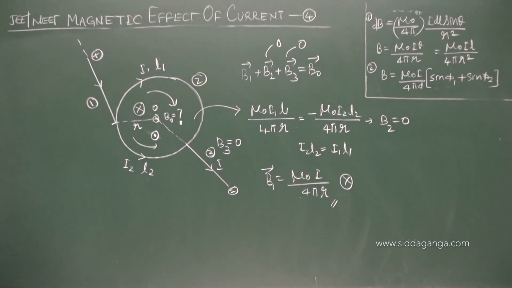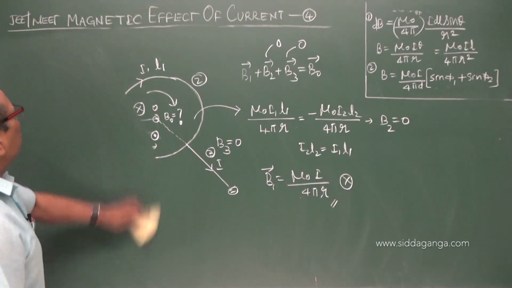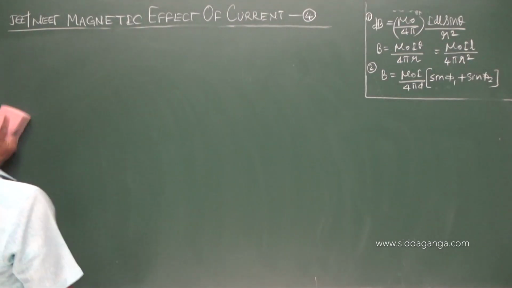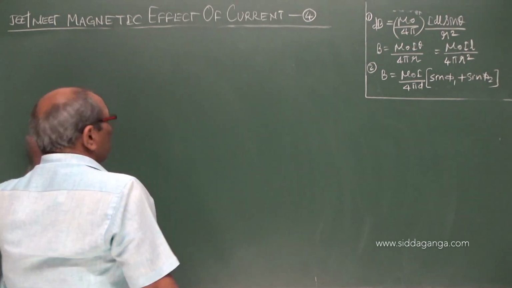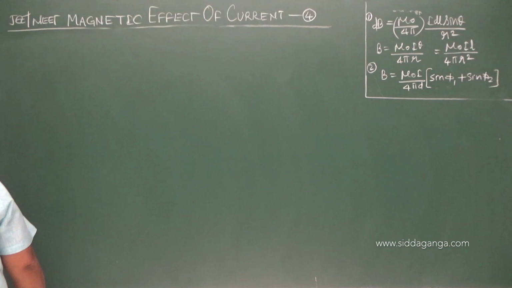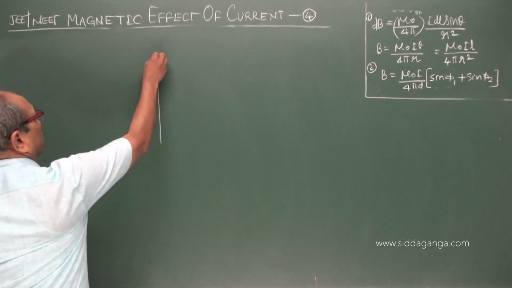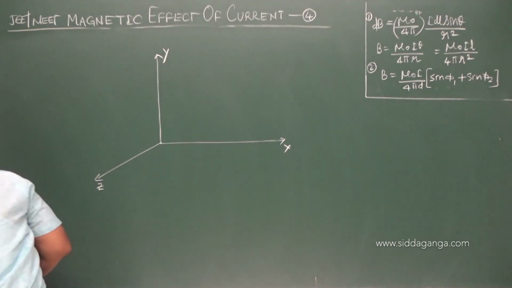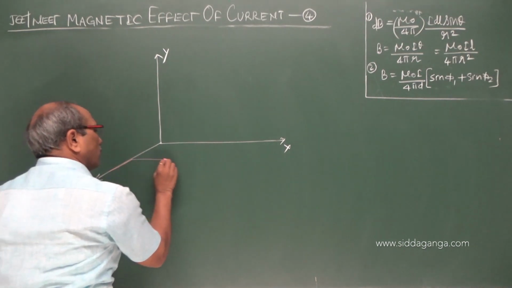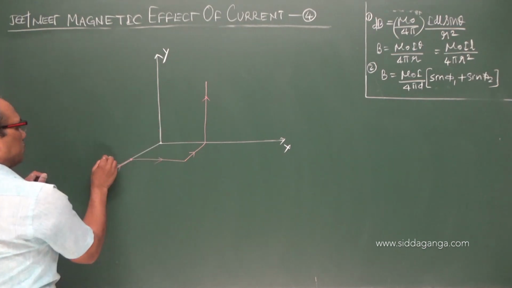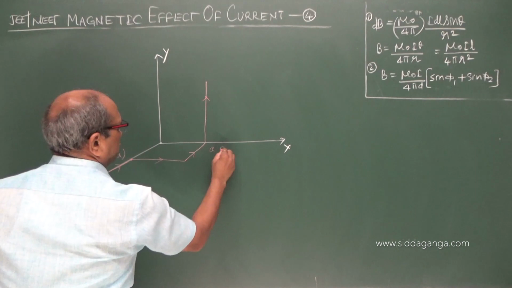So, let us come to the next one. This is 0 0 A. Here it is A 0 0.